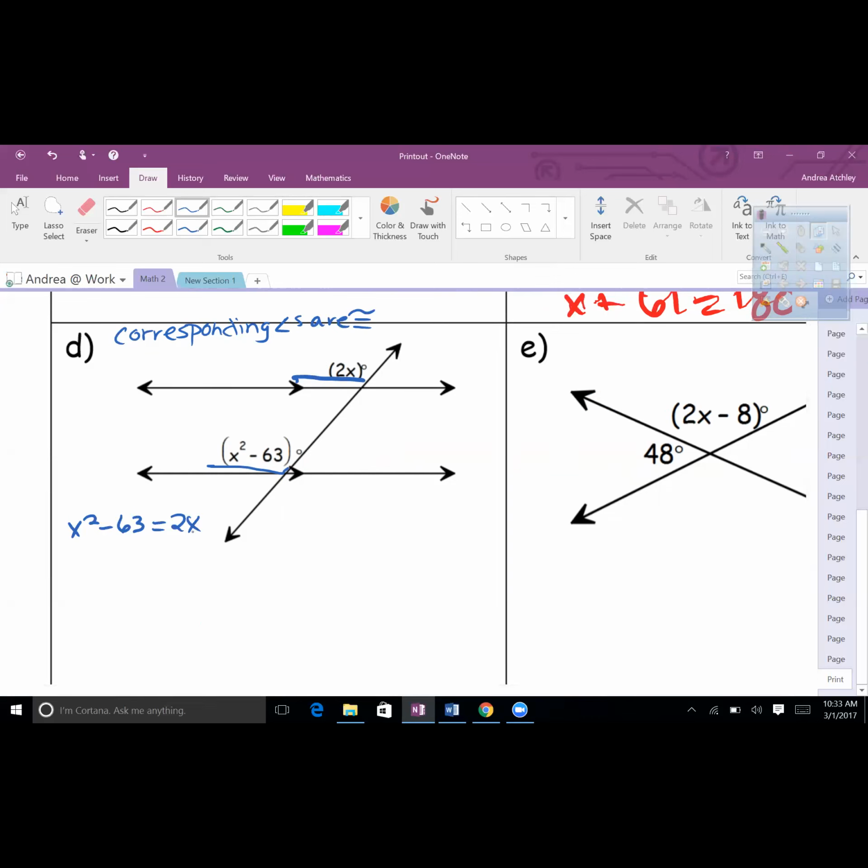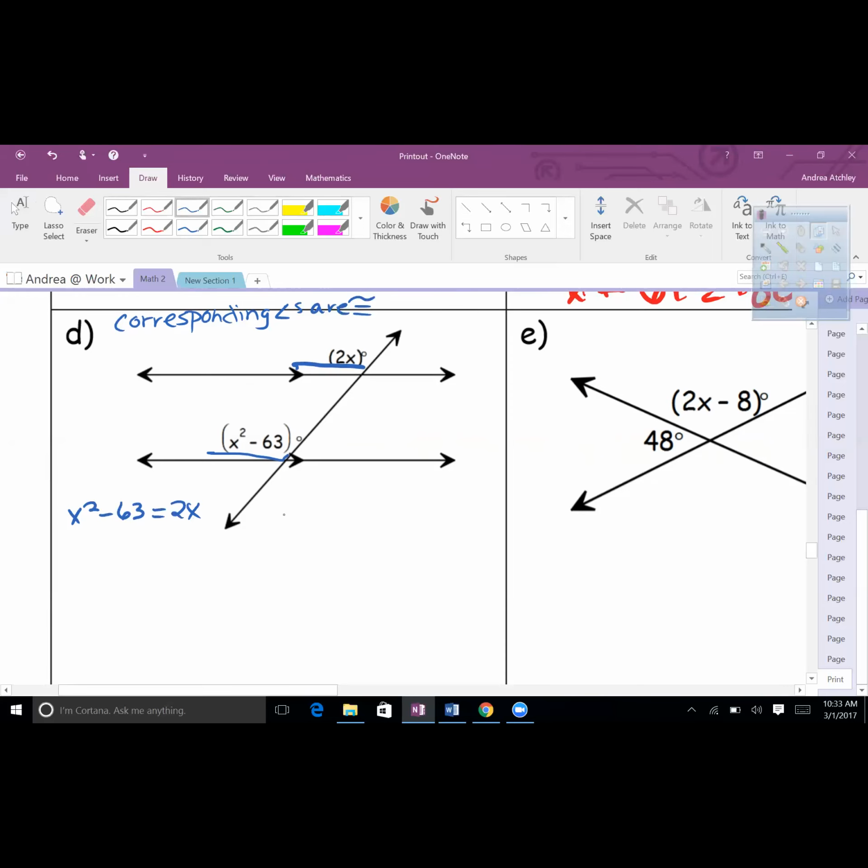Okay, we have to set this equal to 0. Just a reminder of how to solve a quadratic. You have to set it equal to 0. So we're going to subtract the 2x from both sides. We're going to get x squared minus 2x minus 63 equals 0.